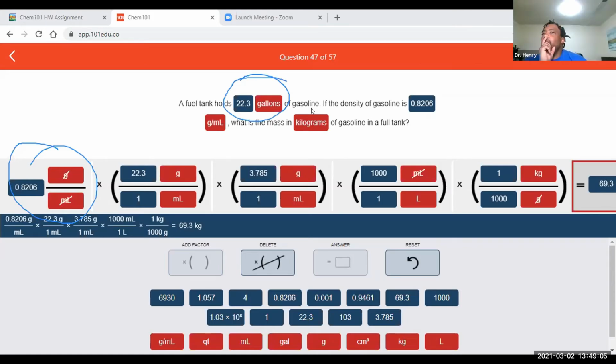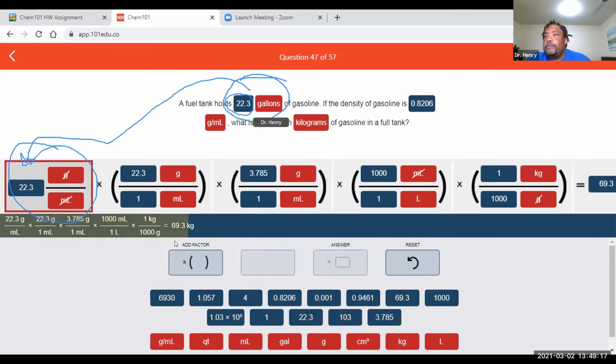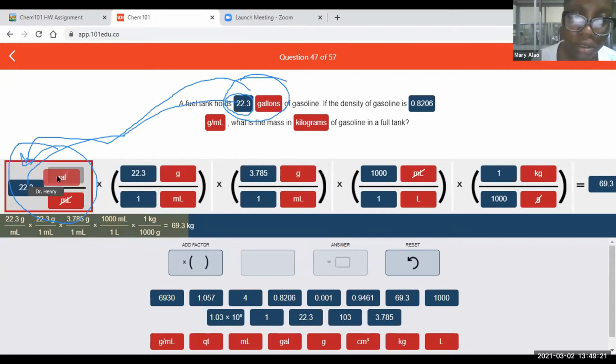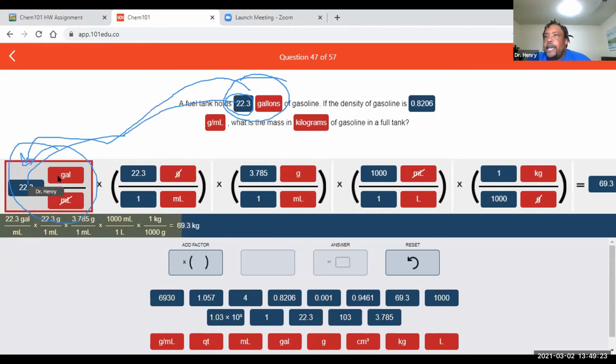So what you want to do is drag this to your starting point. You can just drag it from the top, from the question. And then you want to drag the gallons, and get rid of that.